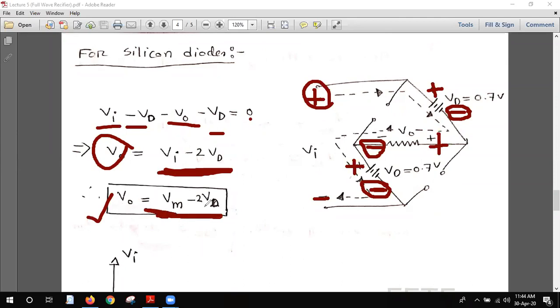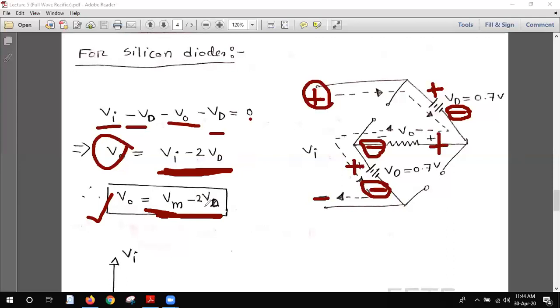In each cycle, two diodes are forward biased and two are open. For two forward biased diodes we require 2VD, where one VD equals 0.7, so 2VD will be 1.4 volt.